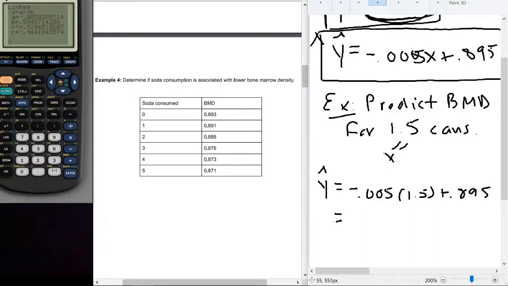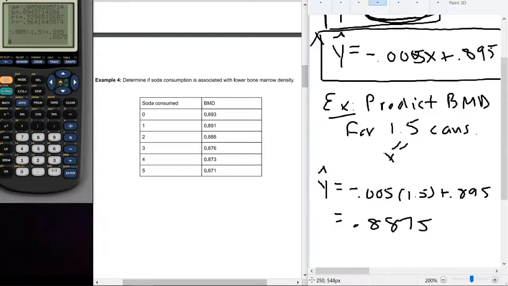So in the calculator, we'll go ahead and plug in 0.005 with a negative, and then 1.5 plus 0.895. That predicts the bone marrow density for an individual drinking 1.5 cans of soda. So here, 0.8875 is the expected or the predicted bone marrow density for 1.5.